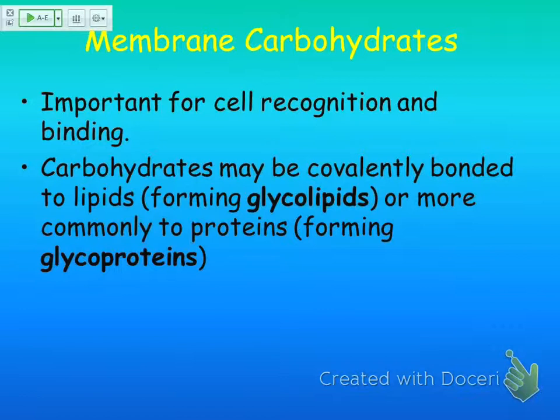Most of the carbohydrates associated with membranes are either glycolipids, where glyco refers to the carbohydrate group, the sugar, glucose. Remember we talked about glycosidic bonds between carbohydrates. So if we've got a carbohydrate bonded to a lipid, it's a glycolipid. If it's hooked to a protein, we're going to call it a glycoprotein.